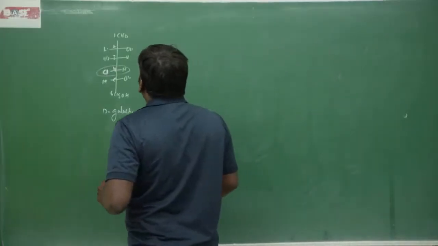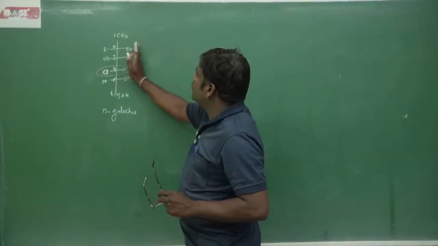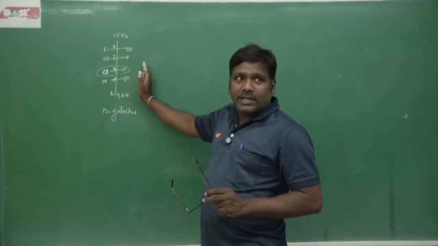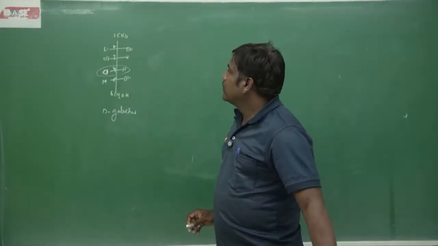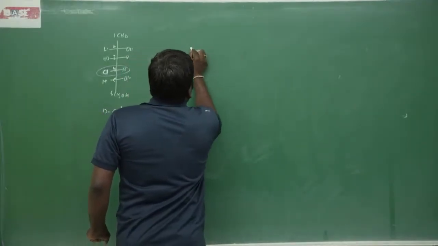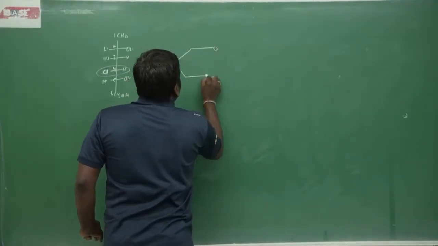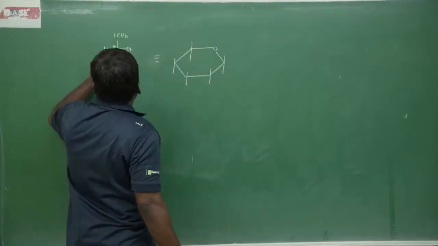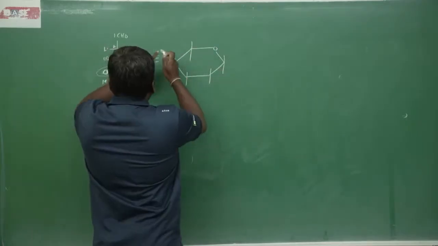If you write the Haworth structure of the compound, the OH groups which are on the right side should be written down. So if you observe the Haworth structure of this compound, this is the ring form.